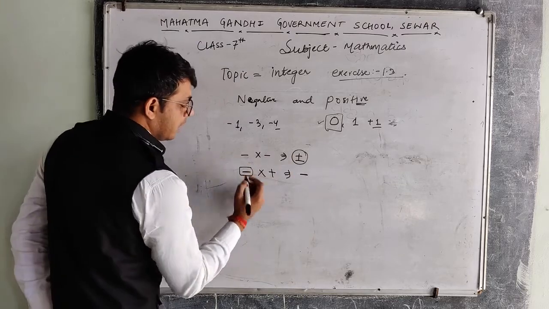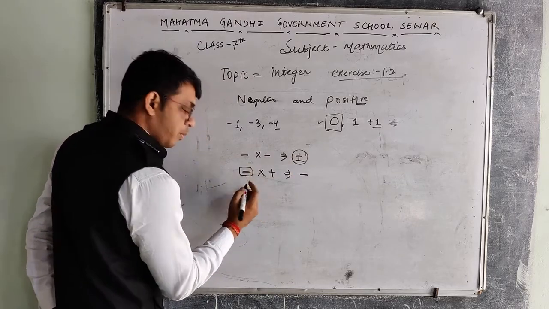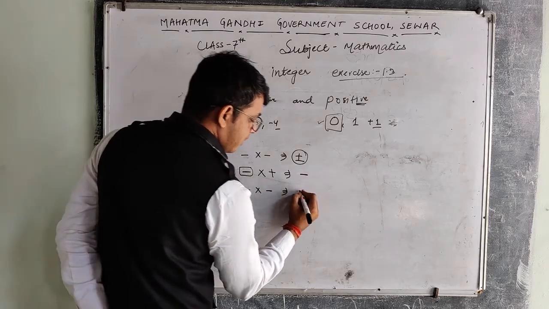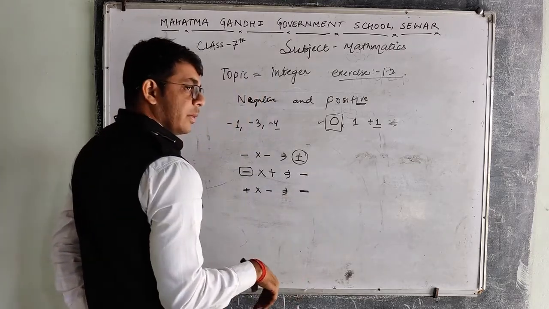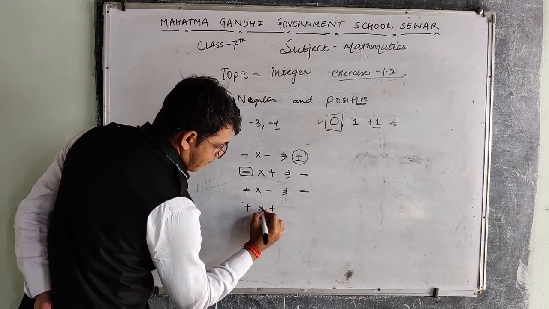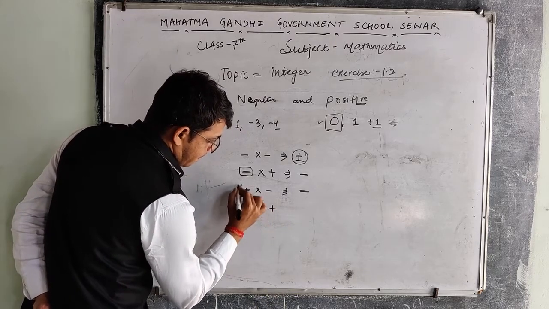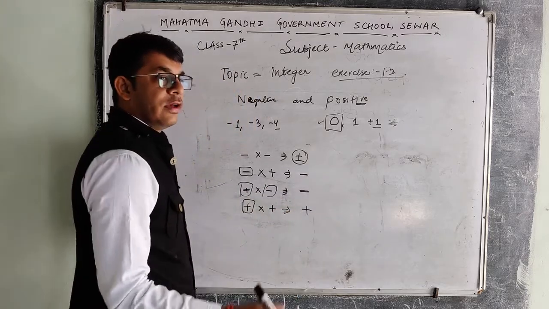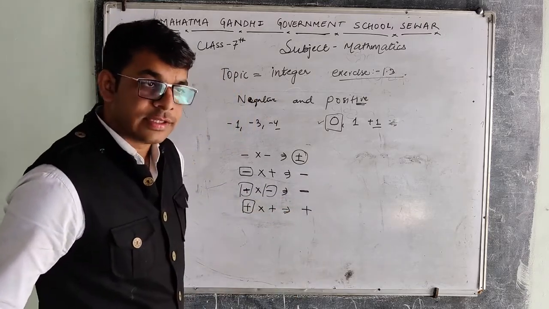The same is true if one integer is positive and the other is negative, the result will be negative. If two positive integers are multiplied, then the result will be positive.